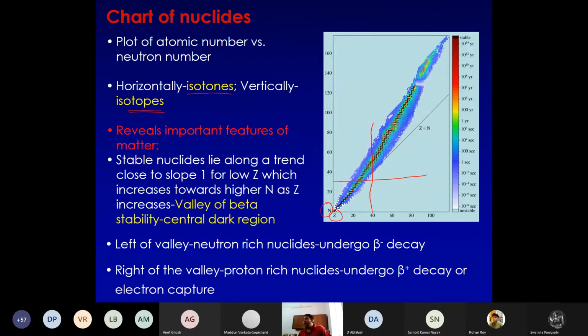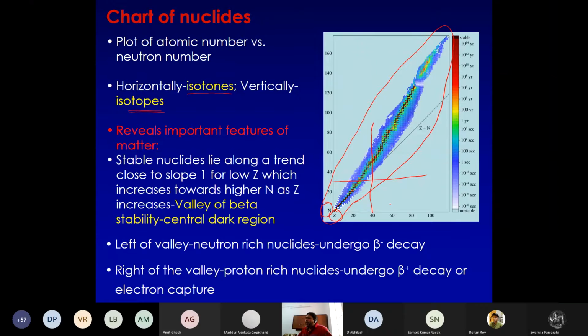Now the nuclide chart reveals some very important features of the stability or abundance of matter. If you look at the nuclide chart, this region shows the neutron and proton numbers of all the different isotopes or nuclides of different elements.